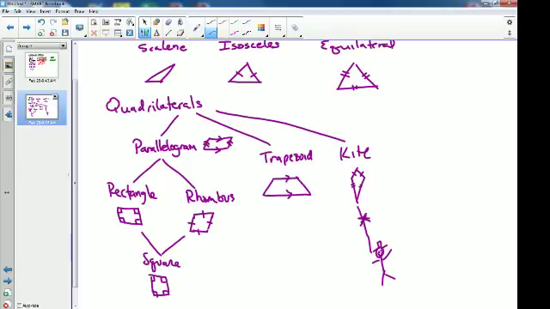Not necessarily. If these two sides are the same, it's called an isosceles trapezoid. So it has to be the top and the bottom. So those are the shapes that we'll be dealing with. Thinking distance, midpoint, and slope, using those conditions to prove these different shapes.